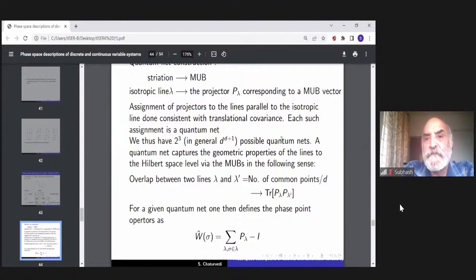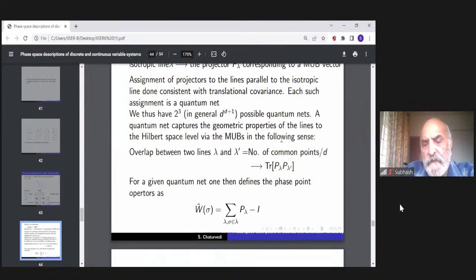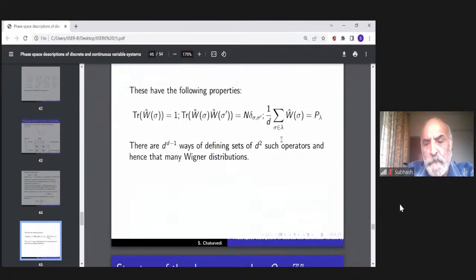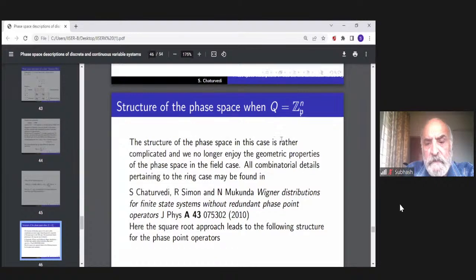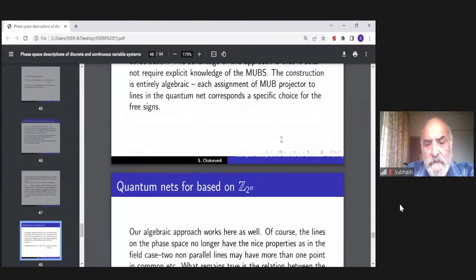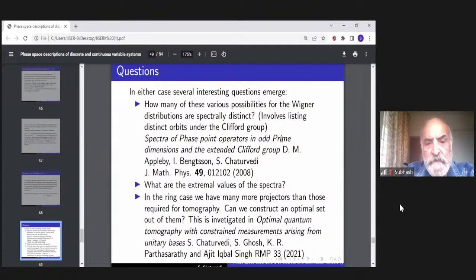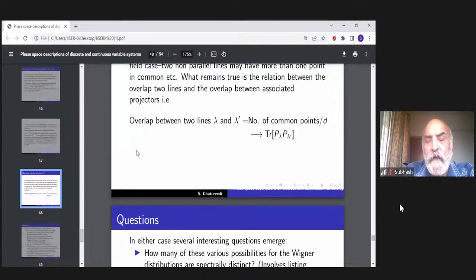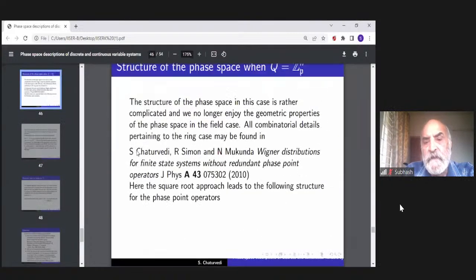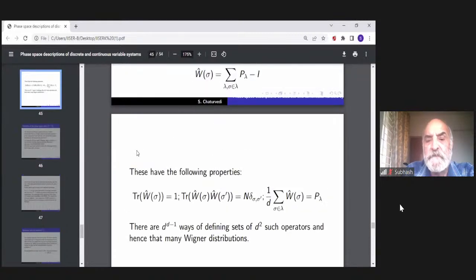This requires us to study the orbits under this Clifford group, and I will not go any further, but refer you to a work that we had done earlier, which is on spectra of phase point operators in odd prime dimensions and the extended Clifford group, essentially to find out how many essentially different phase space descriptions are possible.